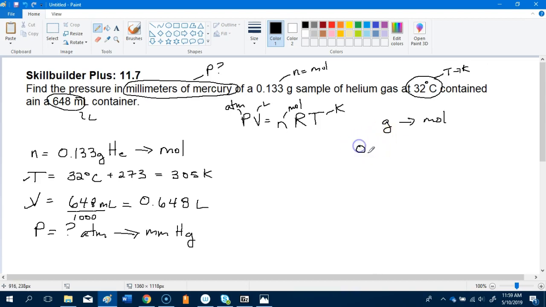So if we start out with 0.133 grams of helium, and we want to know how many moles that is, we're going to take the molar mass of helium, which is 4 grams of helium per mole, and that's going to give us the number of moles, which in this case is 0.03325 moles of helium.